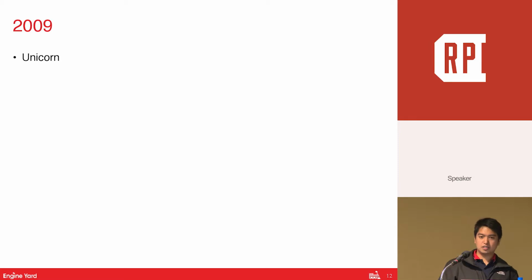So Unicorn was, well, you would think that when Passenger was released that was that, right? But in 2009 Unicorn was released, and this is a standalone app server like Mongrel, but different in that it has multiple workers like Passenger. You only start the Unicorn master, and it starts the workers for you.